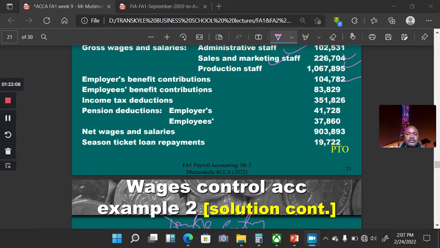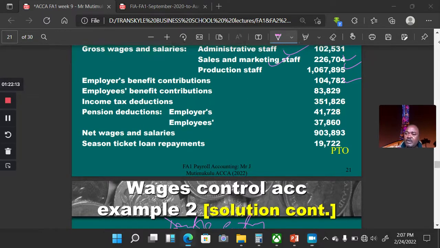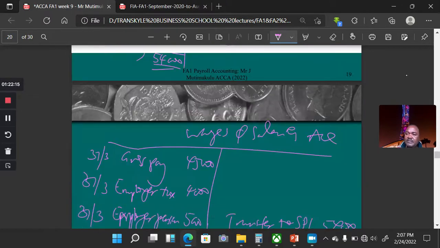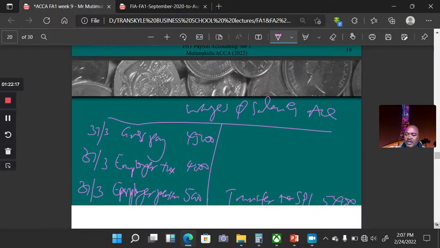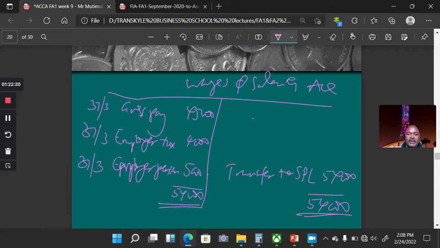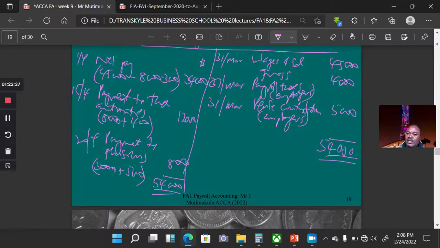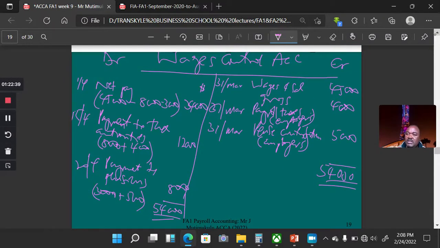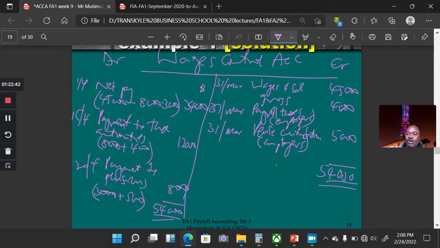Like I said when we did this question, we only record employer's transactions as part of the debit entries in the wages and salaries account. Similarly, in the wages and salaries control account, this side we only record employer's transactions.